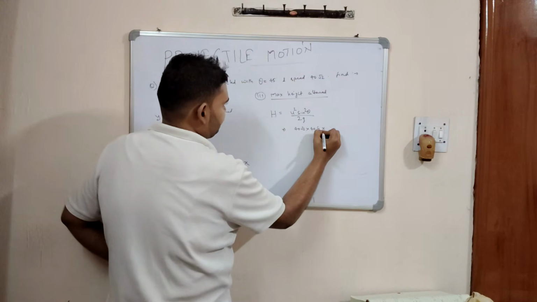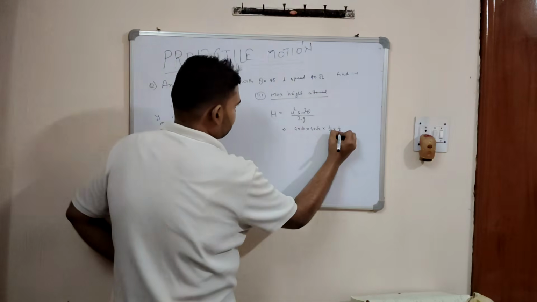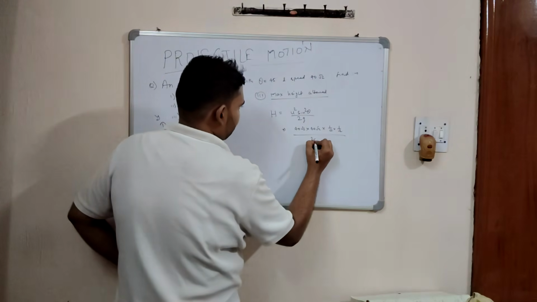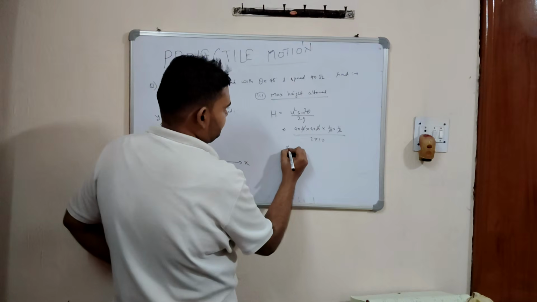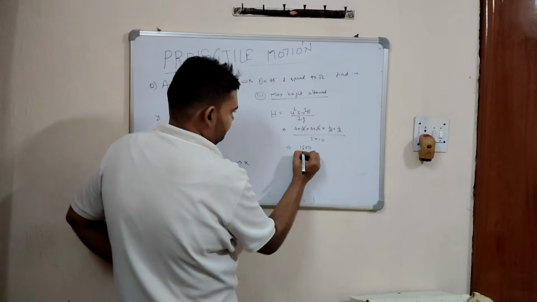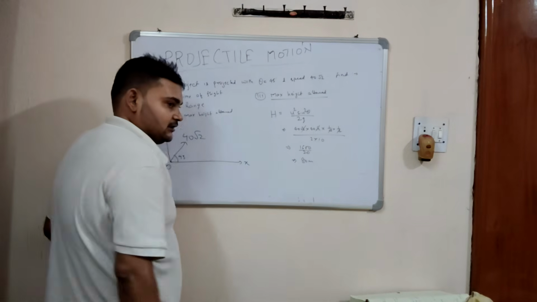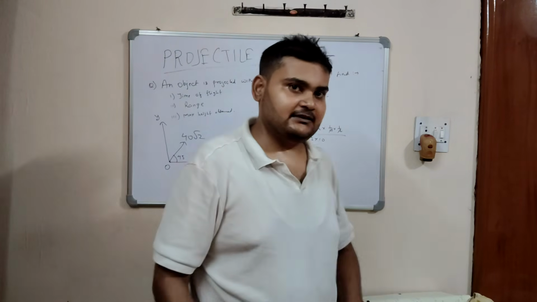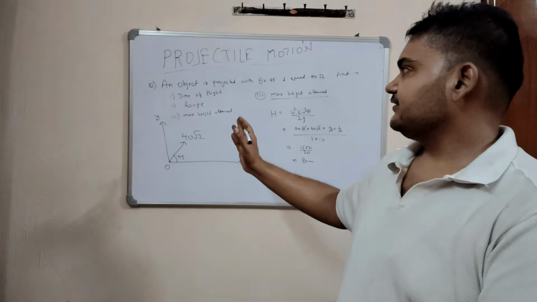Then sine square theta, sine theta is 1 by root 2, into 1 by root 2, divided by 2g, 2 into 10. The root 2s get cancelled. It becomes 1600 by 20. That's 80 meters.